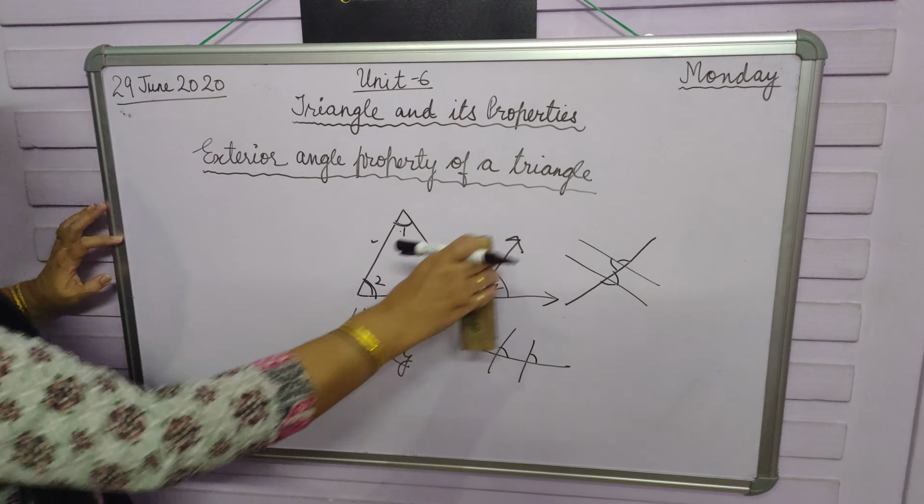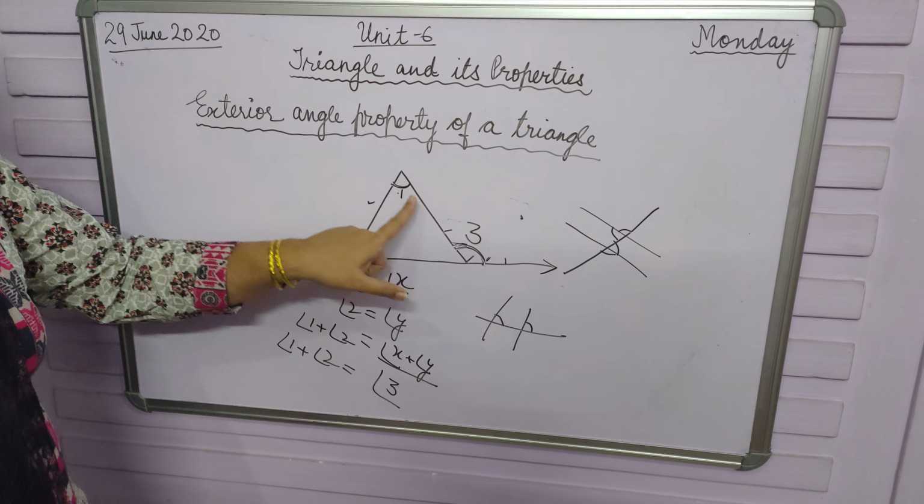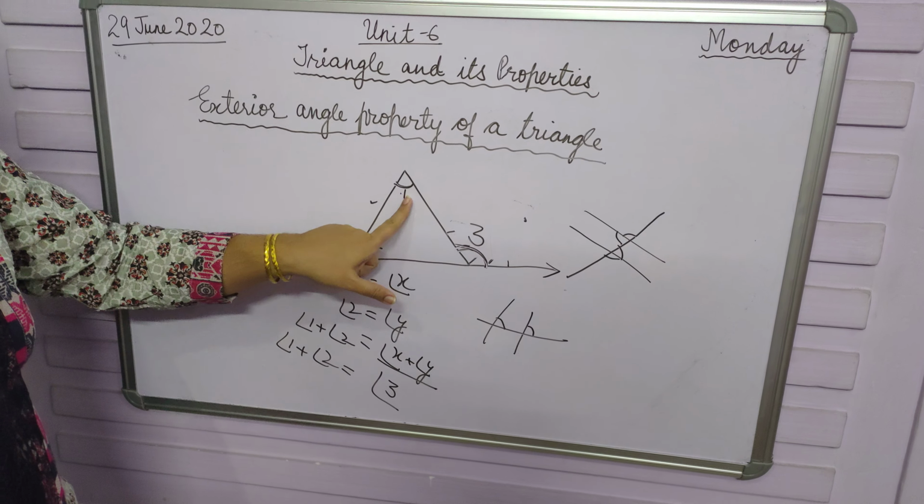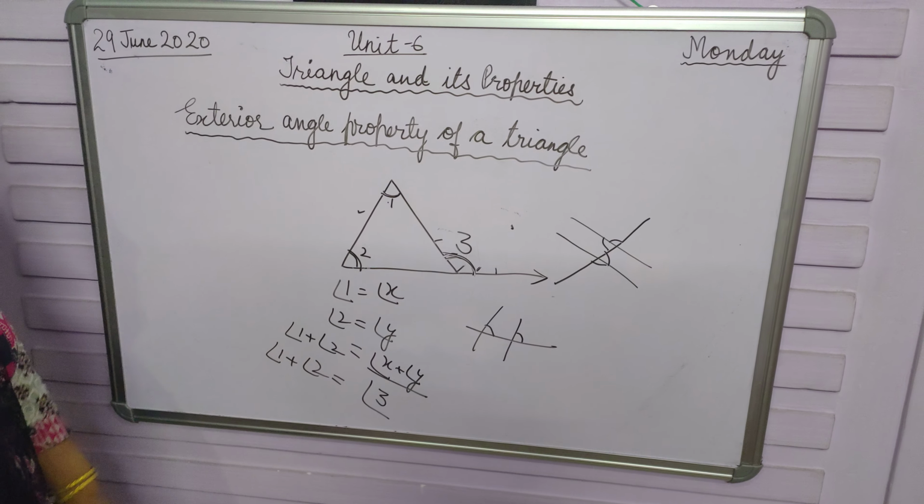If I add this and take this complete angle, angle X plus angle Y is equal to angle 1 plus angle 2. Now angle X plus Y was my angle 3. So angle 3 is equal to angle 1 plus angle 2. So we can say that exterior angle is equal to sum of interior opposite angles.